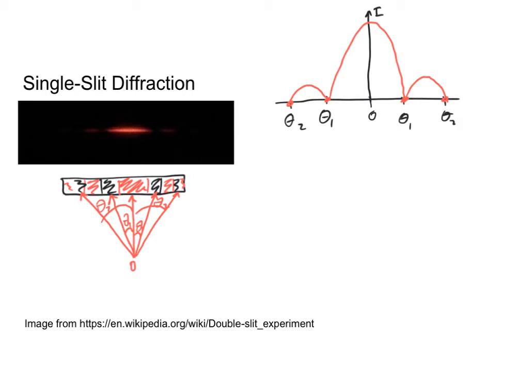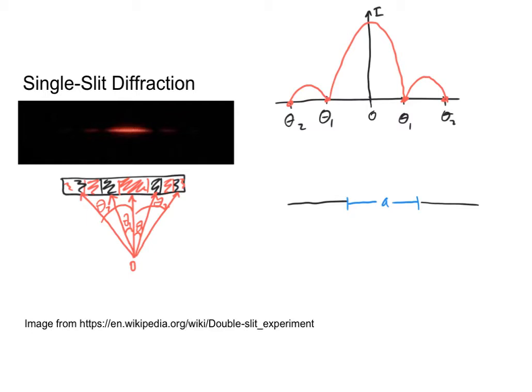So if we take a look at our single slit, we can actually figure out the relationship between the length of our slit, which I'm going to go ahead and call A. So here's my slit of length A. What we can do is figure out the relationship between our angle theta and the length of our slit, that distance in our slit.